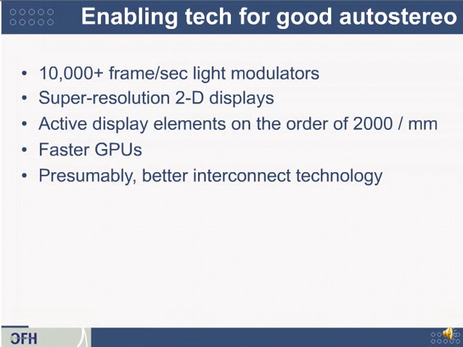The third, if you want to pursue diffractive optic holographic video technologies, until someone comes up with some more clever use of existing components, I think it would be interesting to have active display elements on the order of 2,000 modulators per millimeter. Faster GPUs, which are graphics processing units, are the real workhorse of rendering each viewpoint for these scenes. And presumably you're going to need better interconnect technology. If you have display components with so many pixels per square millimeter, you're going to need interesting interconnects to get the data into them.